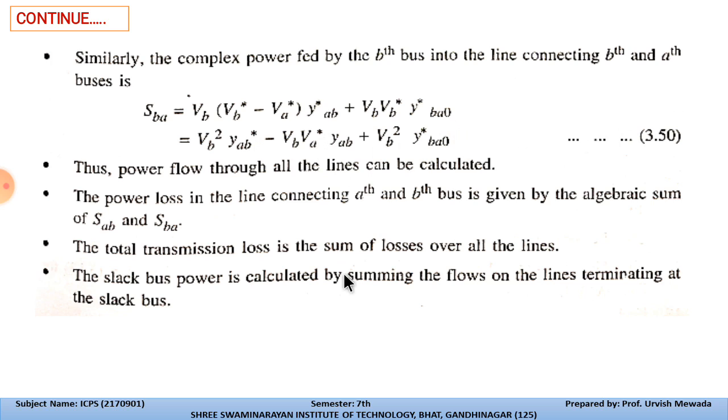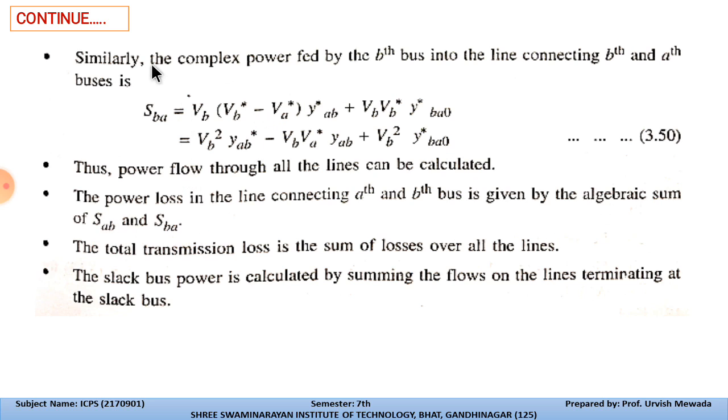Thus the power flow through all lines can be calculated with the help of this equation, and the power loss in the line connecting, say, the Ath and Bth bus is given by the algebraic sum of SAB and SBA.